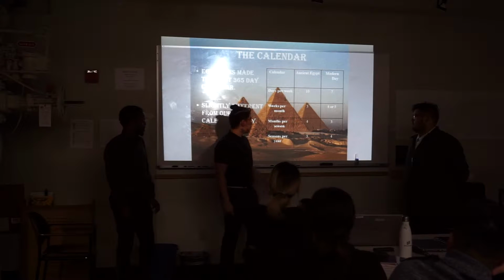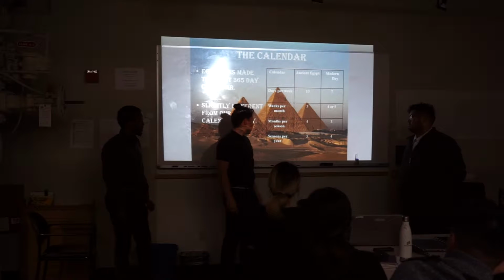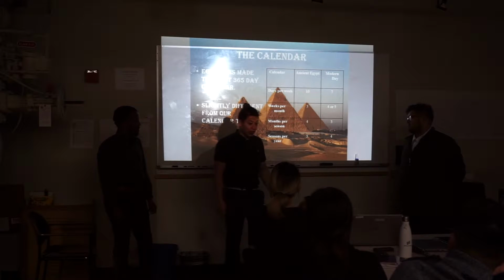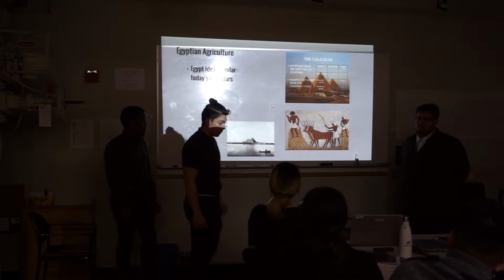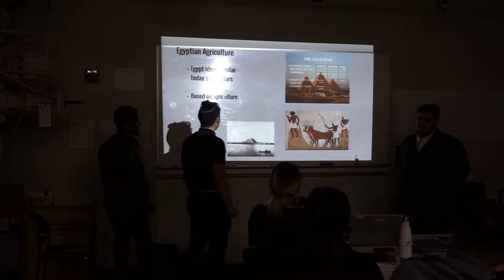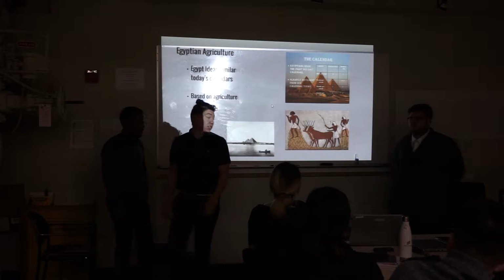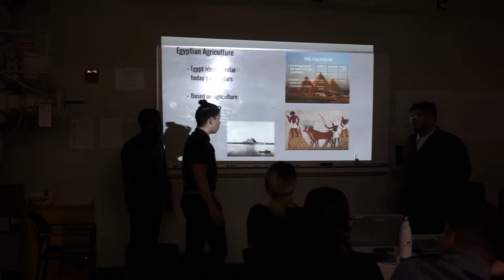But there were only 4 months in a season, and only 3 seasons per year instead of the 4 seasons we have today. It was based off of their agriculture, because only during certain seasons were they able to grow crops.